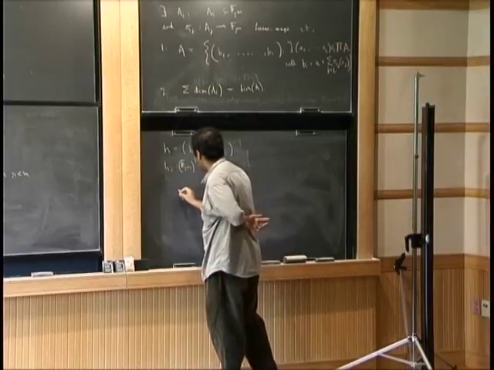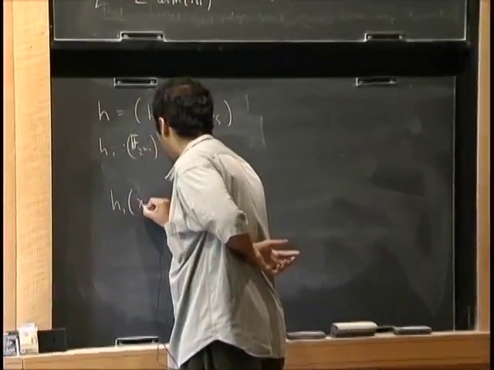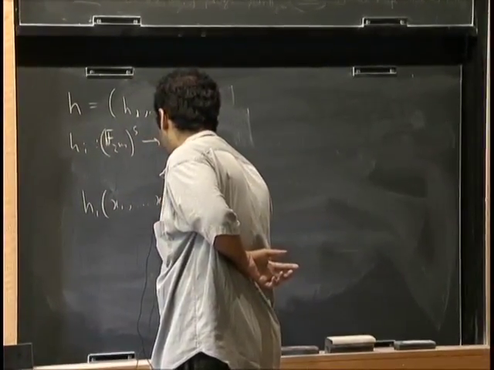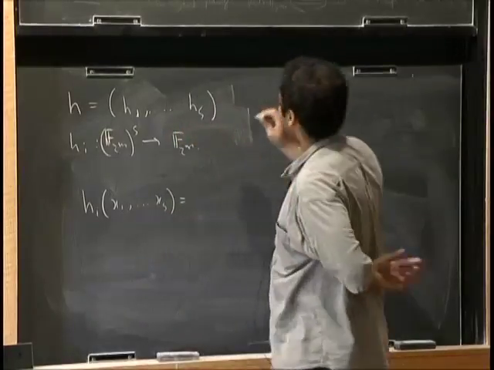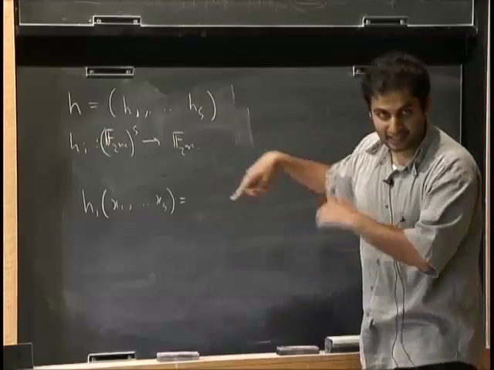Good, and I'll define HI of x1 up to xs to be, well, I'm going to try to fake this calculation inside the HIs.